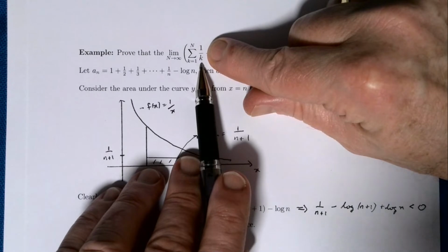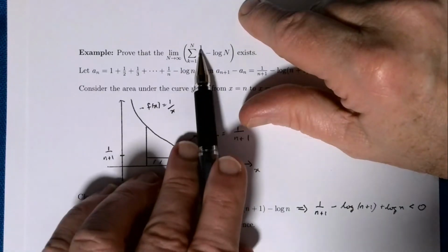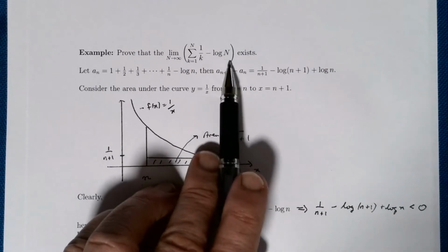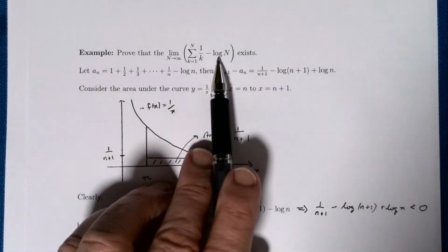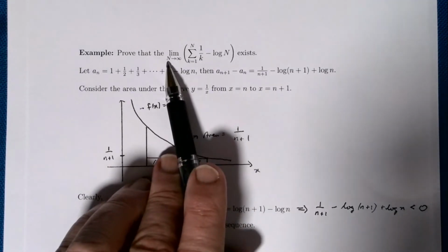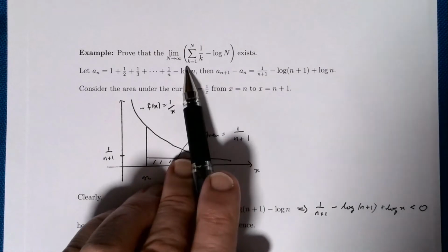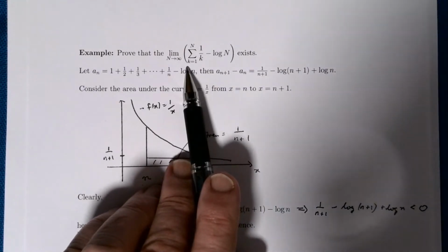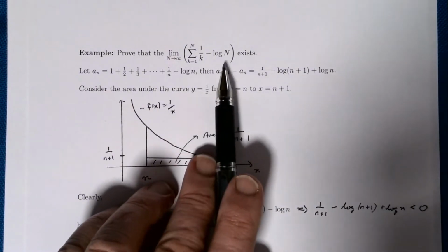However, it was realized several hundred years ago that if you take the partial sums up to N of 1 over k and subtract off log of capital N, and then take the limit as capital N becomes very big, this limit does exist. It's a very mysterious object. It was studied by Euler and others, and we still don't completely understand this limit today.